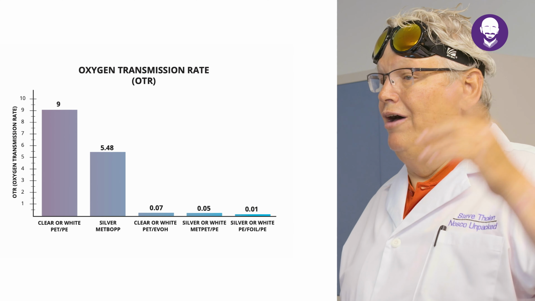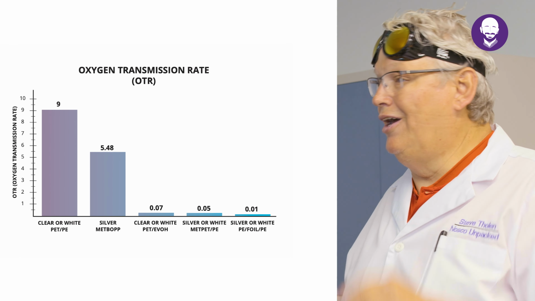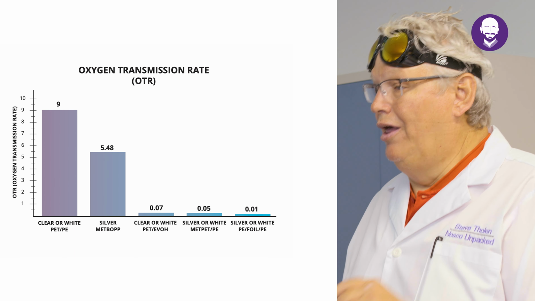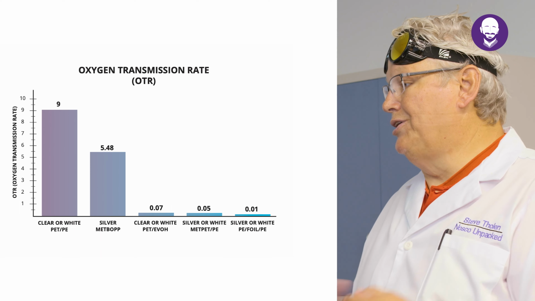Okay, so we're kind of stepping from something that doesn't protect a lot to something that protects more. You see on the graph, the lowest barrier is about 9 on the OTR scale, and then the polypropylene is about 5.48.